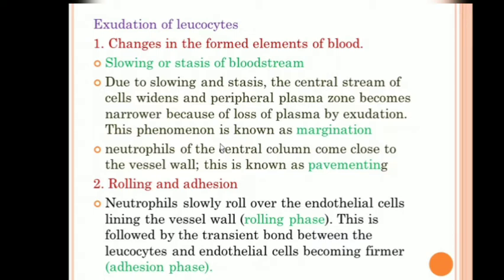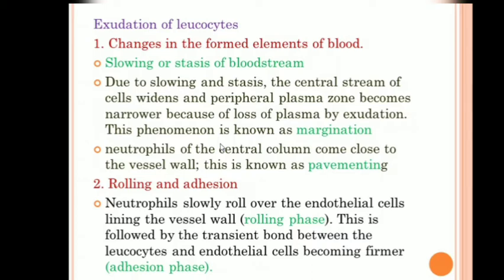Due to slowing and stasis, the central stream of cells widens and the peripheral plasma zone becomes narrow because of the loss of plasma by exudation. This phenomenon is known as margination. As a result of this redistribution, the neutrophils of the central column come close to the vessel wall. This is known as pavementing.